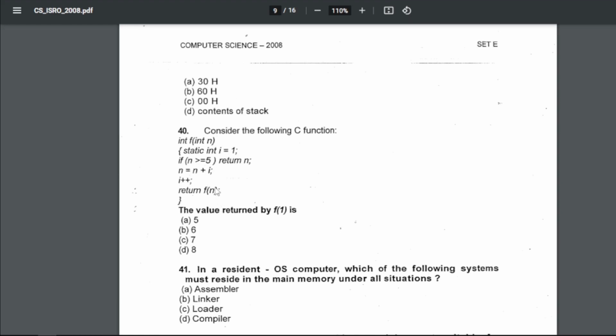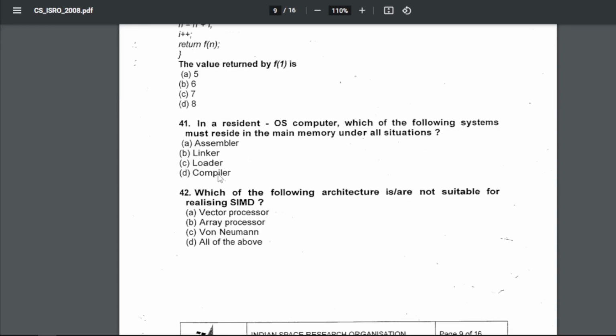This is the function in C, and the value returned by f1, that means we are passing 1 to the function. If you solve this expression, you will get the answer as C, that is 7. Question number 41: in a resident operating system computer, which of the following must reside in the main memory under all situations? For 41 our answer will be C, that is loader.